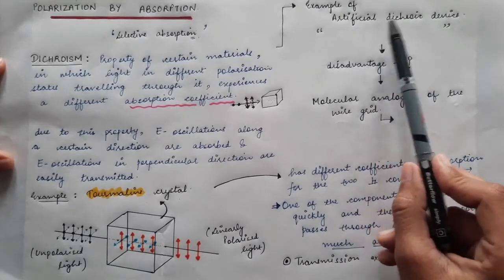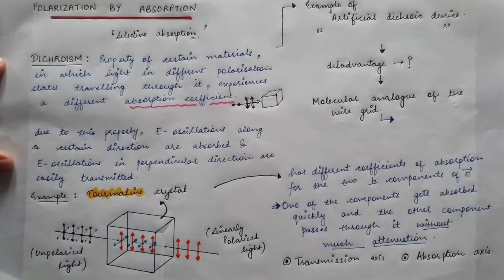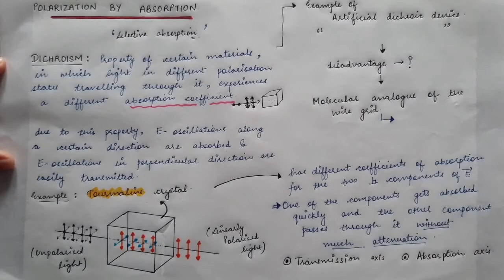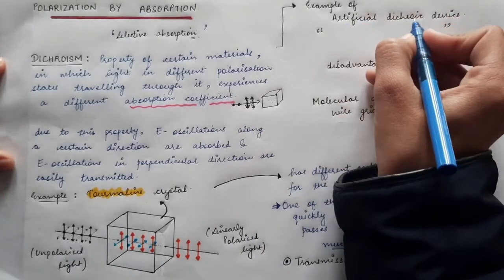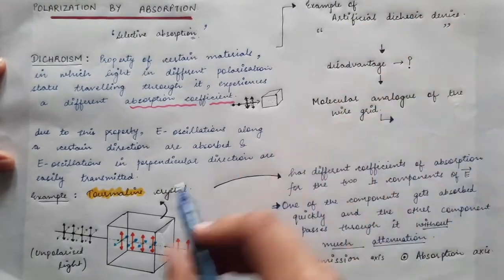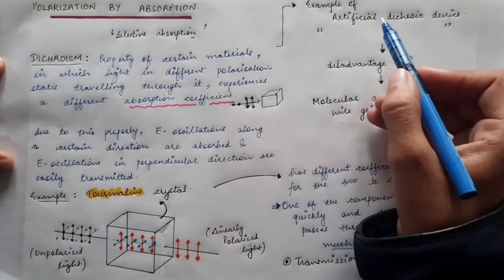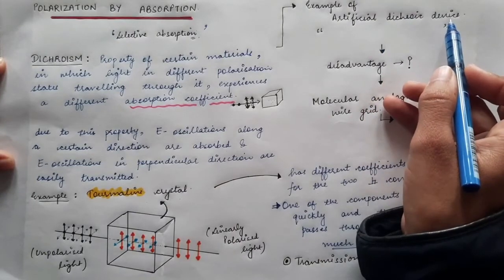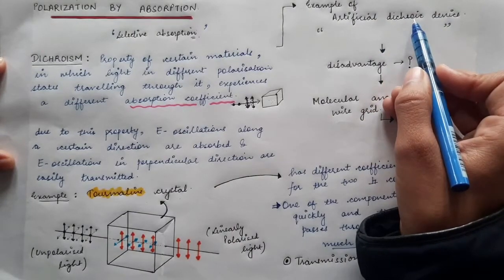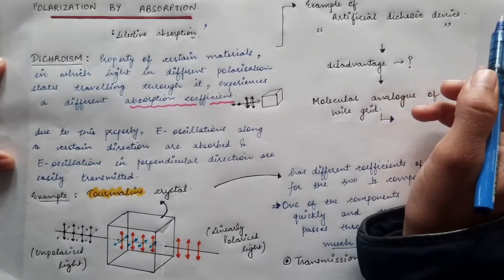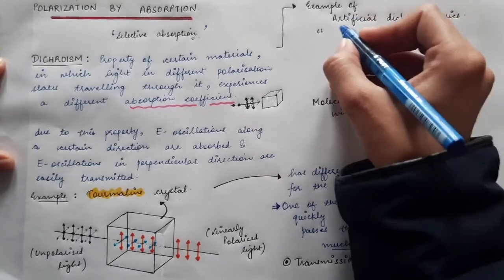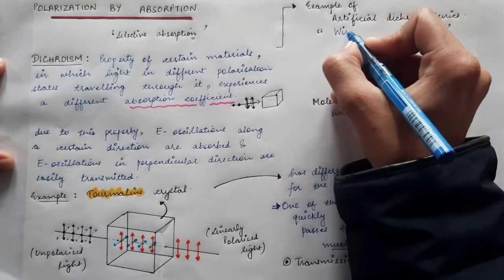The naturally occurring dichroic device is the tourmaline crystal, whereas in the laboratory we can construct such devices based on the dichroic property, and these are called artificial dichroic devices. One of the examples is the wire grid polarizer.